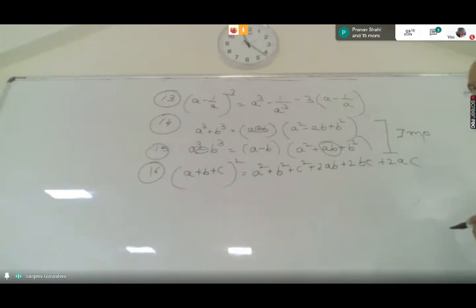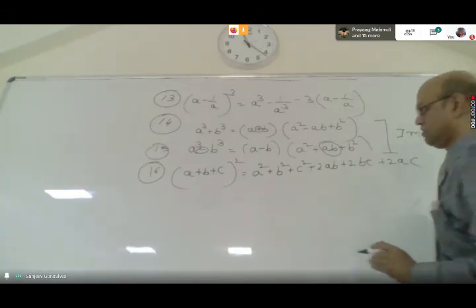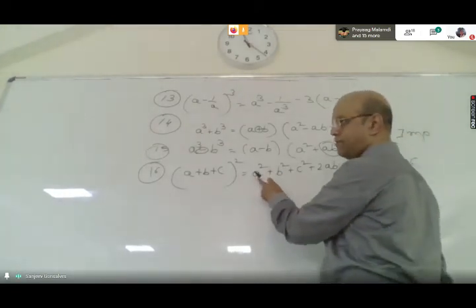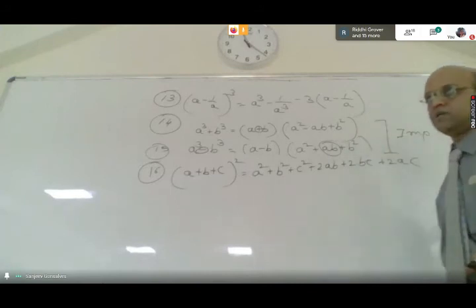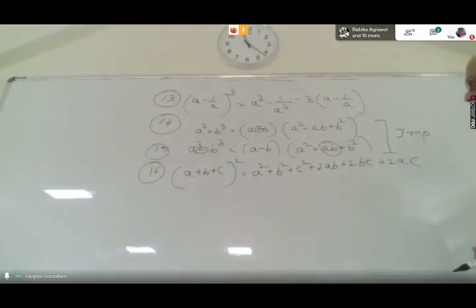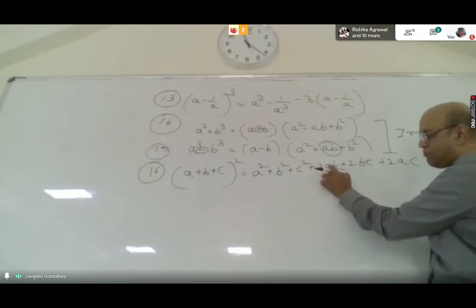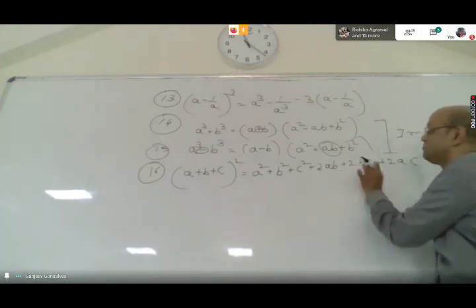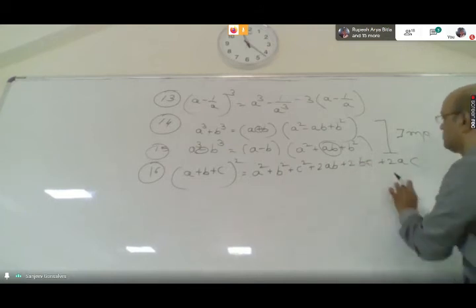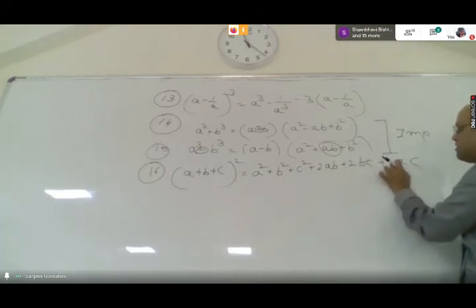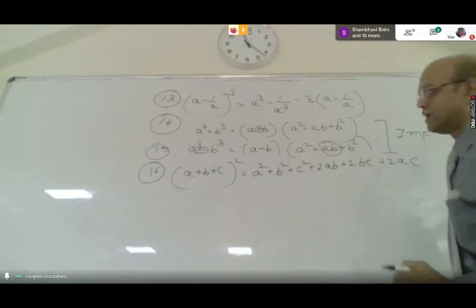I think last year you studied this formula. First term square plus 2 multiplied by first term multiplied by second term, multiplied by third term, plus 2 multiplied by first term multiplied by third term.